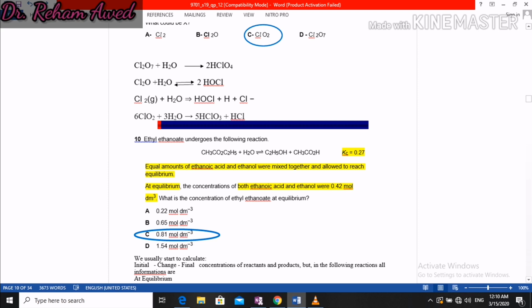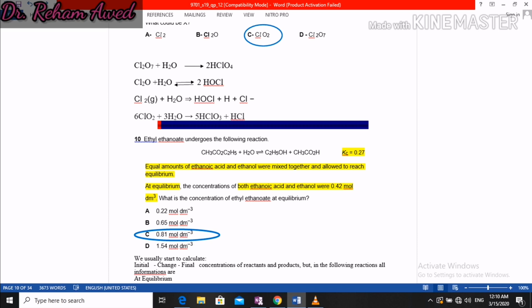To calculate the concentration of ethyl ethanoate at equilibrium, we must know specific information. In these reactions, we start by calculating the initial concentration of reactants and products, the change in concentration of reactants and products, and at last at equilibrium we calculate the final concentration of reactants and products.